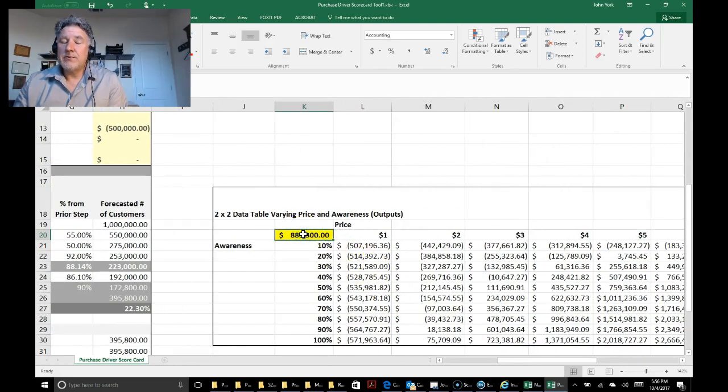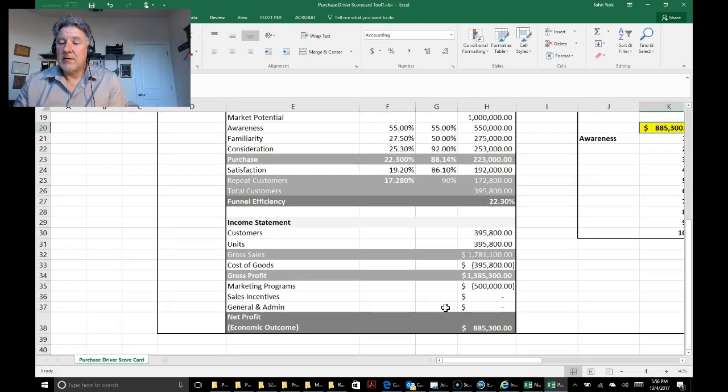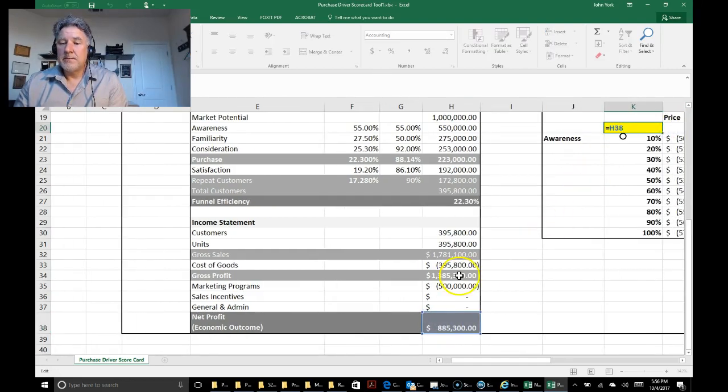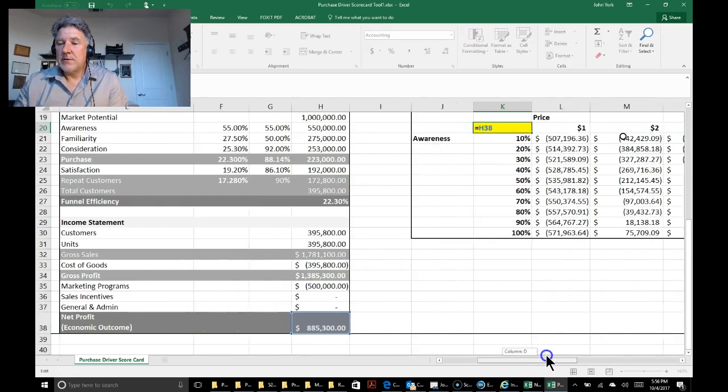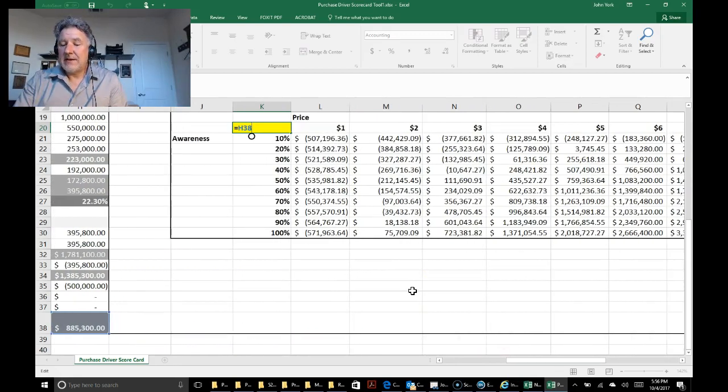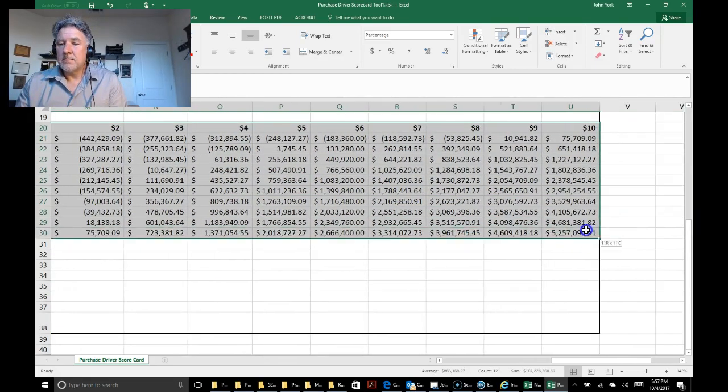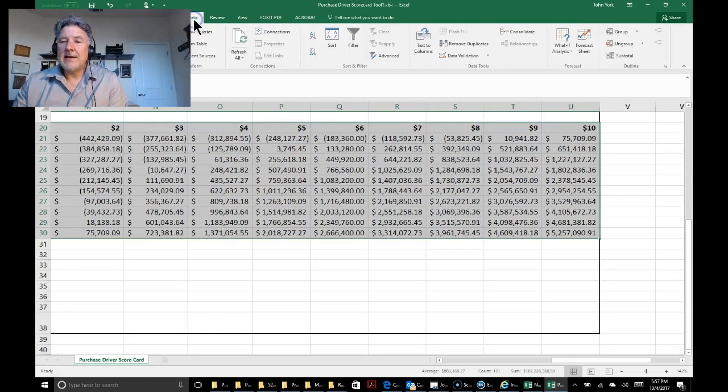And what you can do is identify, okay, as we have our economic outcome, you link it by selecting this, which is H38, which will give you this 885 here. All right? And then to activate the table, you are going to select the table, and then go to your data tab and do a what-if analysis.